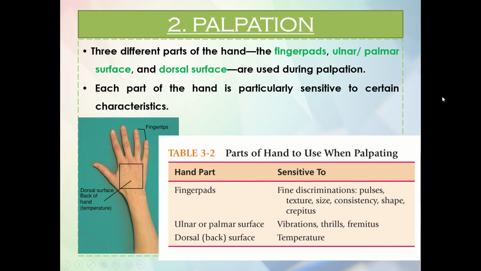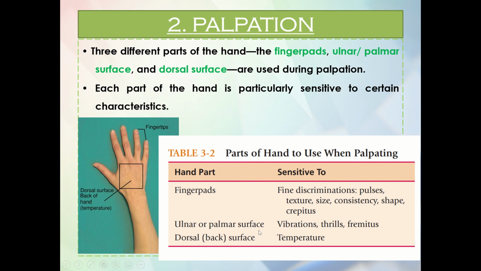So, each part of the hand is particularly sensitive to certain characteristics. So, yung bawat parts na yan, meron siyang sensitivity to different characteristics. For example, yung finger pads natin or the fingertips natin, sensitive yan for fine discrimination such as pulses, texture, size, consistency, shape, and crepitus.